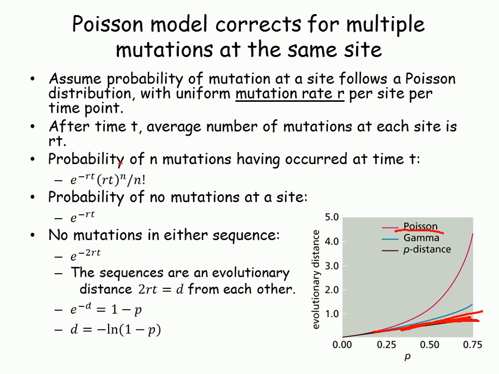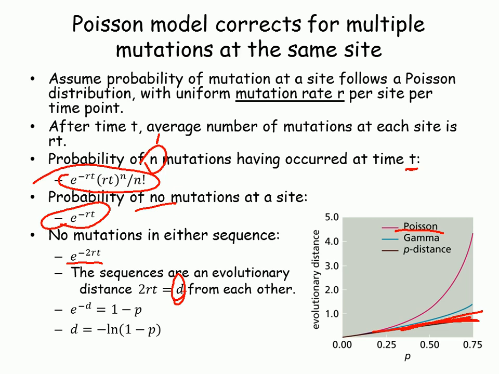Okay. The probability of n mutations having occurred at time t is given by this formula. All right. The probability of no mutations is you just plug n equals 0, and you get this. Okay. Since you have two sequences, you want no mutations to occur for both sequences. So you multiply the two probabilities together, you get e to the minus 2rt. So 2rt is the distance that they are apart in evolution.